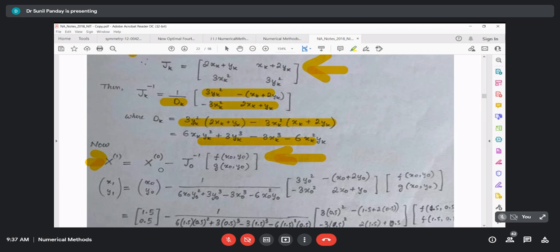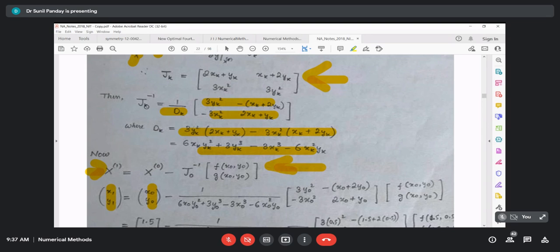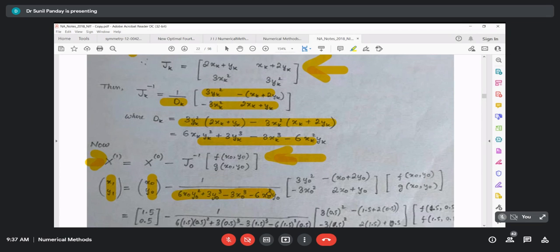So we have written x1 means at x1, y1, with x naught the initial guesses. J naught inverse means I have to substitute k equal to 0 wherever k is there in Jk, and then we will get this Dk and this part is here.